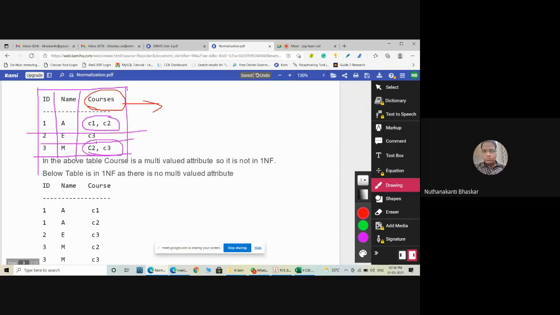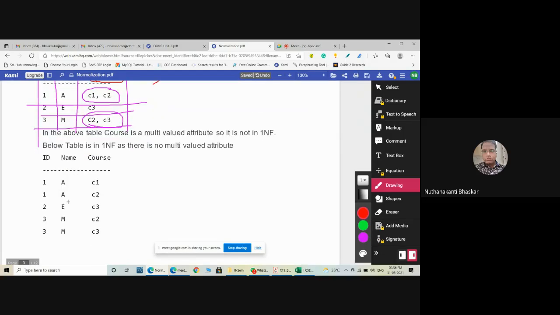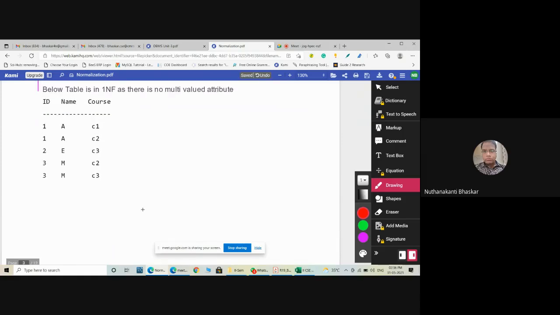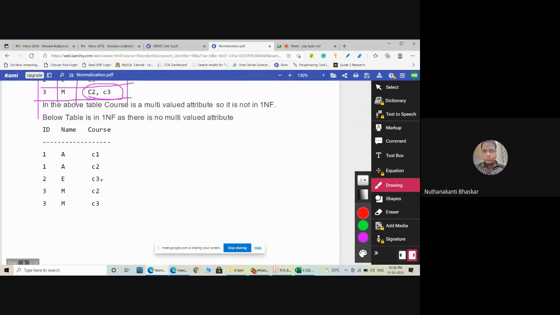I have taken course 1, course 2 for A, and course 1, course 2 for M, like that. Is this relation now in first normal form or not? Yes, it is in first normal form.